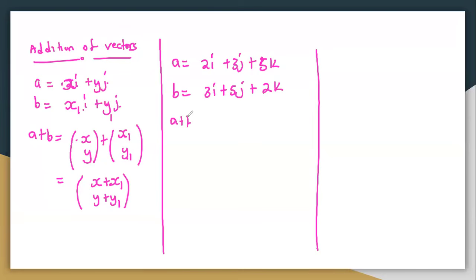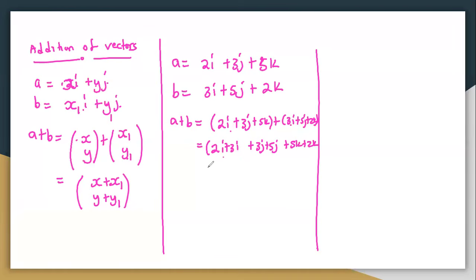Someone may just write this in the form of 2i plus 3j plus 5k, then plus your b, which is 3i plus 5j plus 2k. And then you start adding the i's and the i's: the 2i and the 3i, then 3j plus 5j, then 5k and 2k.